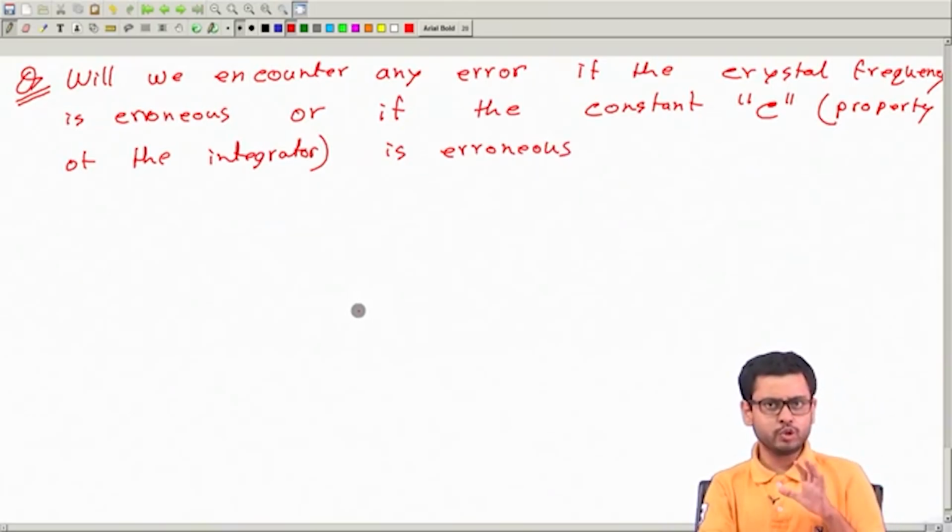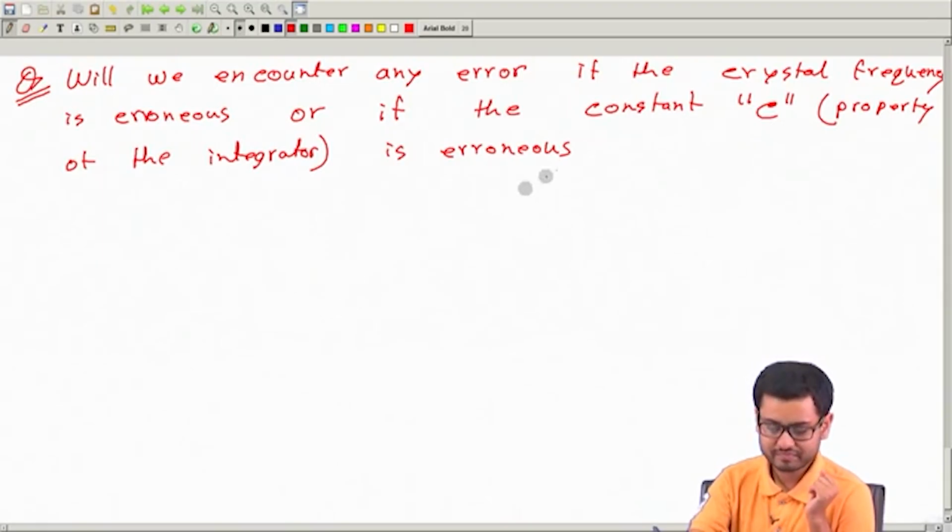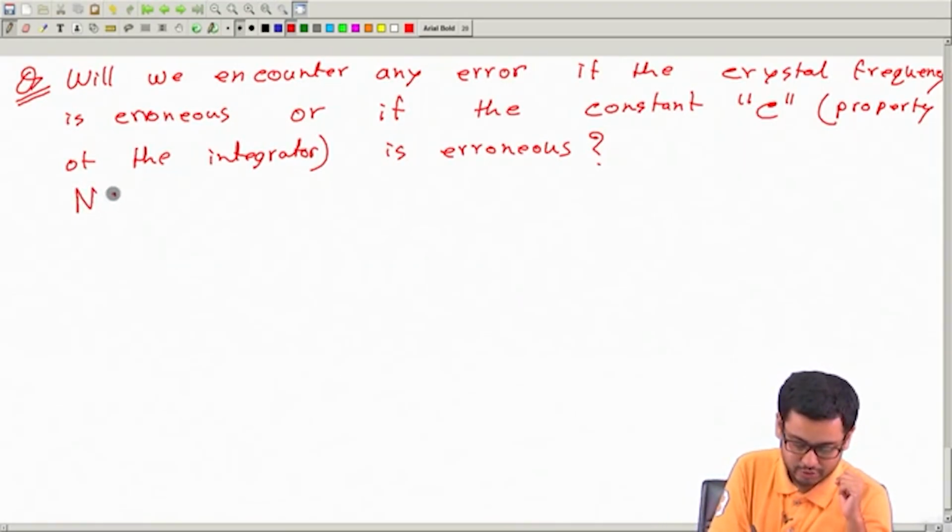Will it lead to any measurement error, any error in the measured frequency? This is the question, and the answer is no.